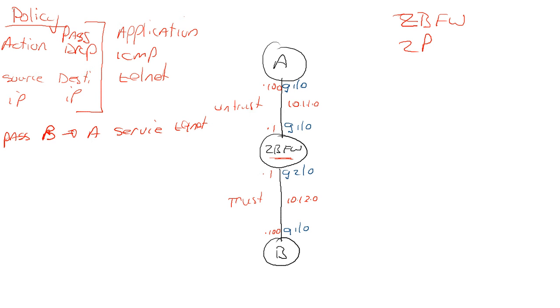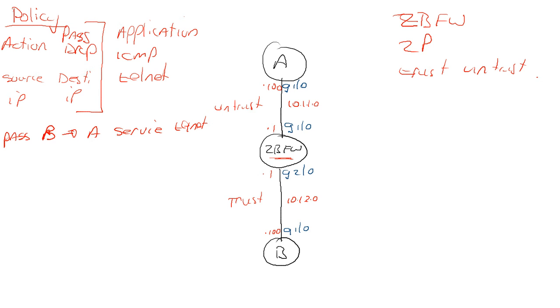What's important is I need to somehow apply this to something, and that flow would be from B to A, because we're not saying that we're going to allow telnet traffic from A to B. So you have to create a zone pair, and a zone pair pretty much says that between trust and untrust, and then inside that you're going to start applying different concepts. You will then bind this policy.